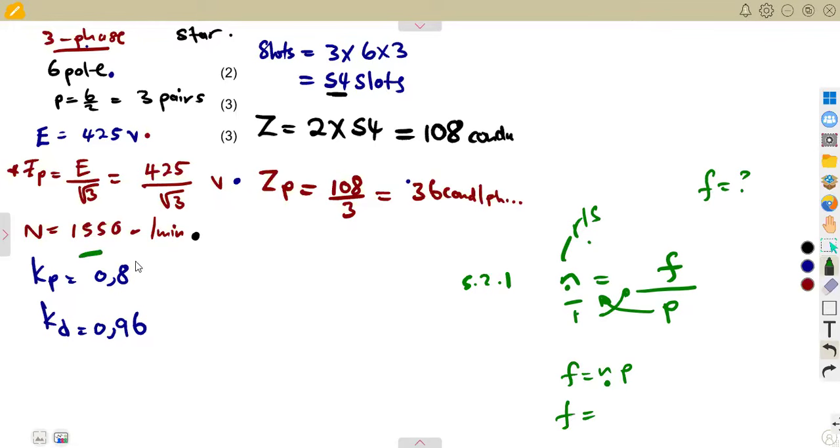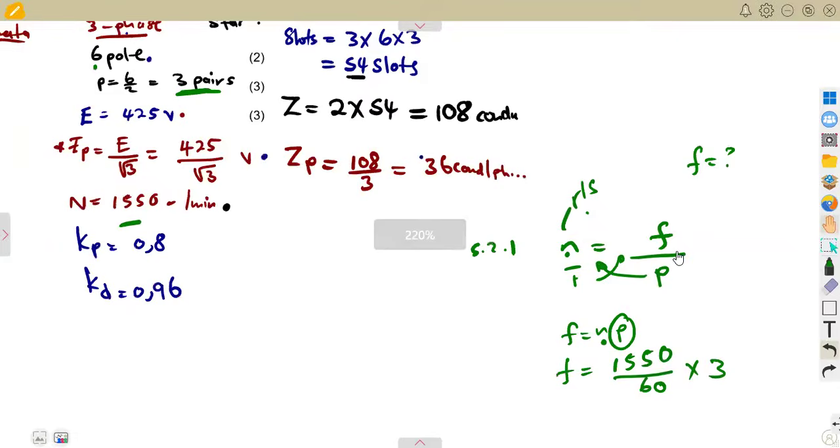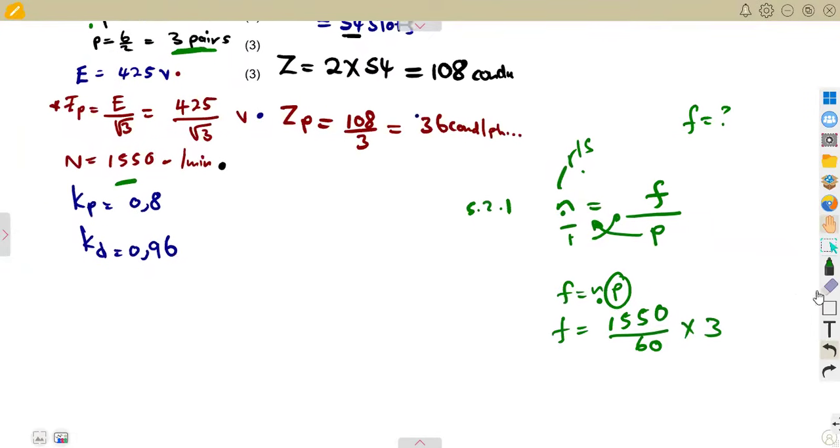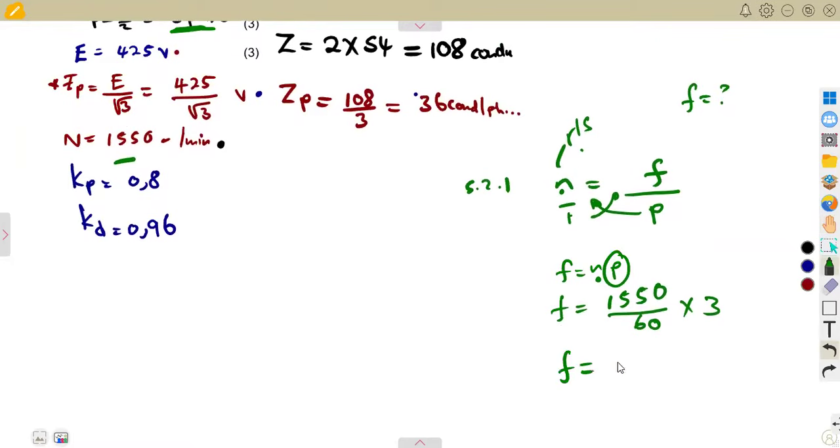They gave revs per minute, so divide by 60. 1,550 divided by 60 times the pairs of poles, which is 3. Not the poles, but P. Whenever you use P, it's pairs of poles. Just like that, this is going to give us the frequency of 77.5 hertz.